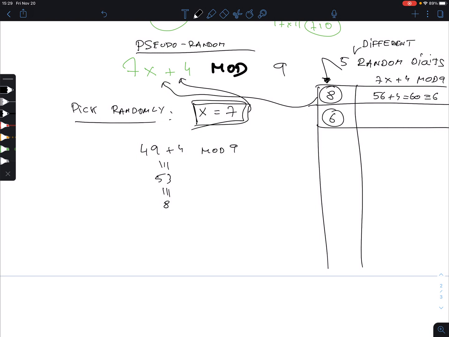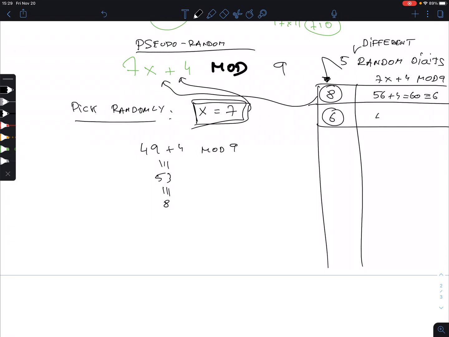Remember, it's the sum of the digits, mod 9. Now I plug 6 in. That's 42 plus 4 is 46. That is equivalent to 10, which is equivalent to 1, mod 9. Let me not write mod 9. Remember, sum of digits. So this is 1. That's my next random number.